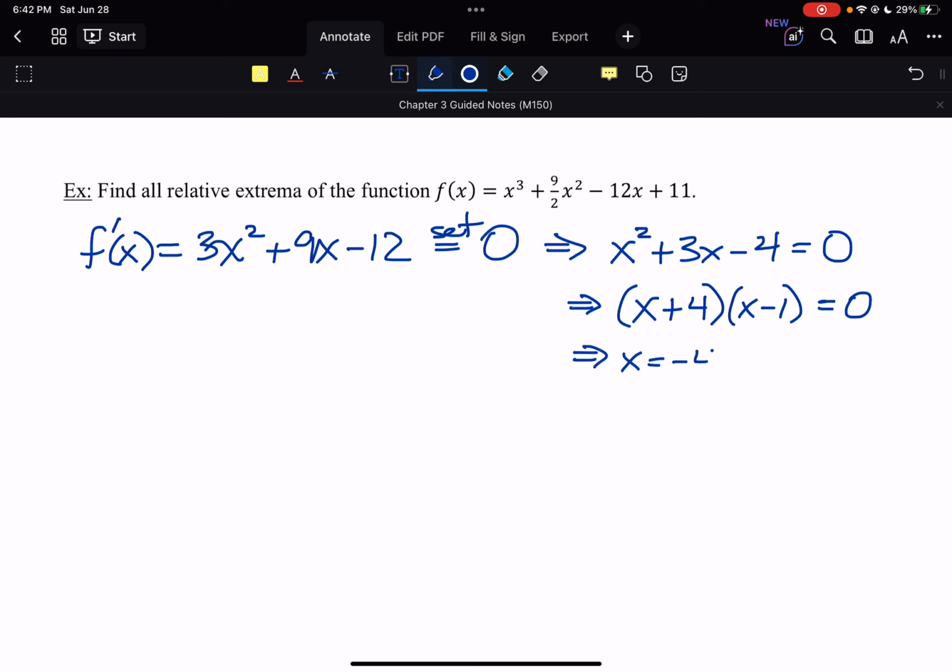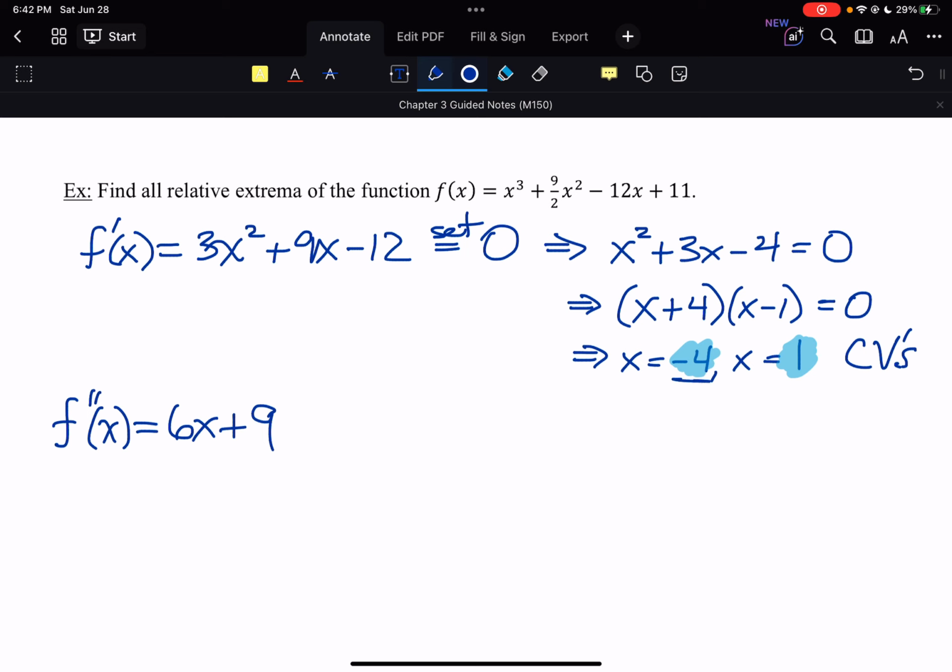So we get x equals negative 4 and x equals 1 as our critical values. Now, instead of doing a number line, we're going to take the second derivative. So that's going to be 6x plus 9.